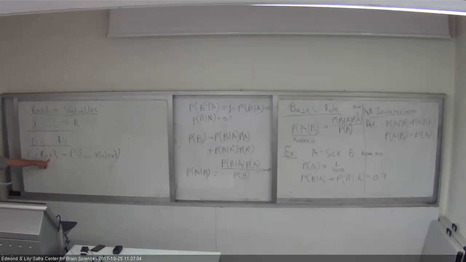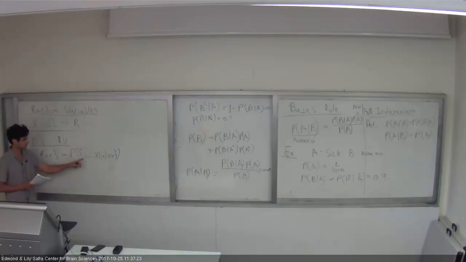And here, small x is a specific value. Okay, so we ask, what is the probability to get all the elements that are equal to some specific value?